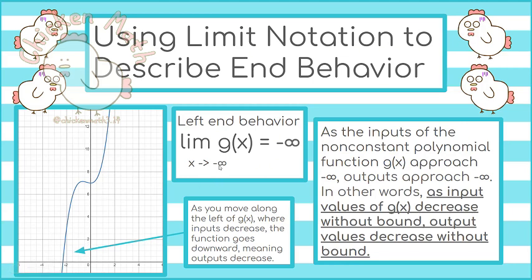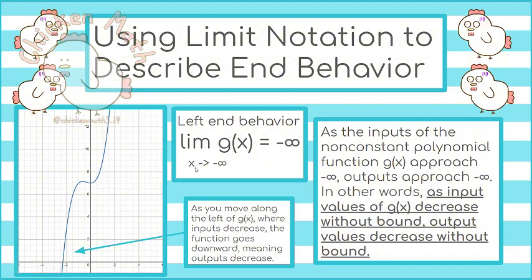So as x approaches negative infinity, as our inputs get smaller, we want to look at how our outputs are changing. You can see that the graph goes down, which means that our outputs are decreasing, because as you go down a graph, your outputs get smaller. It'll get more and more negative. To describe that, you would just say negative infinity.